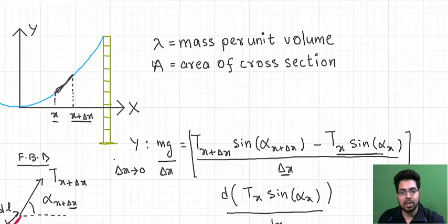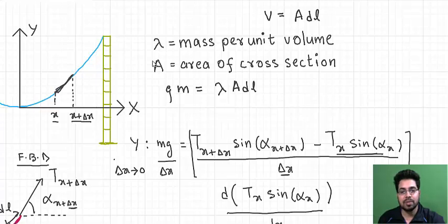My mass would be equal to lambda, mass per unit volume, times the volume. Volume is going to be area of cross section A into length of the segment, that is dl. So my mass is lambda A dl, because this is the volume.